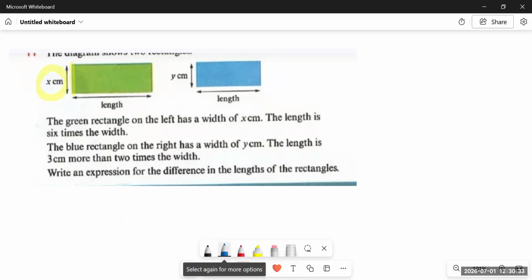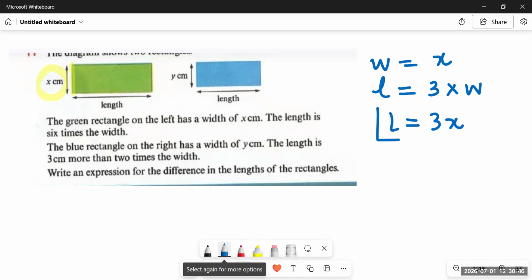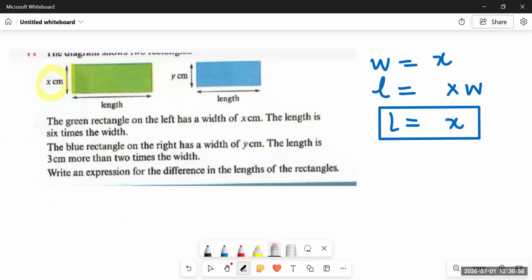If the width is x and the length is 3 times of it, the length will be 3x. No, it's 6 times, not 3 times. So it will be 6x.